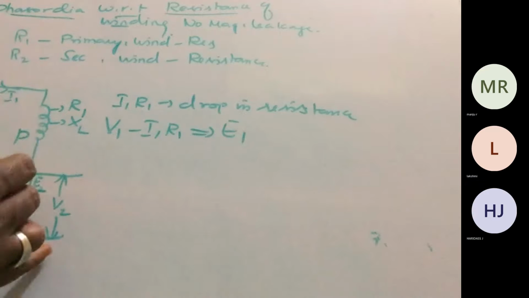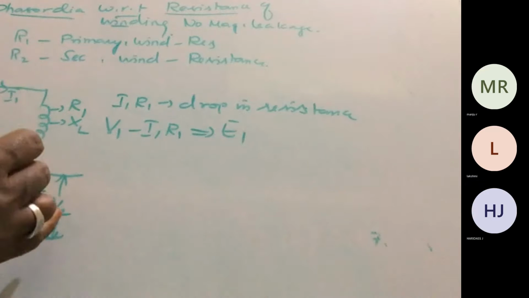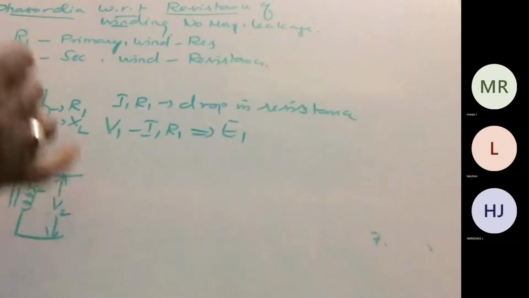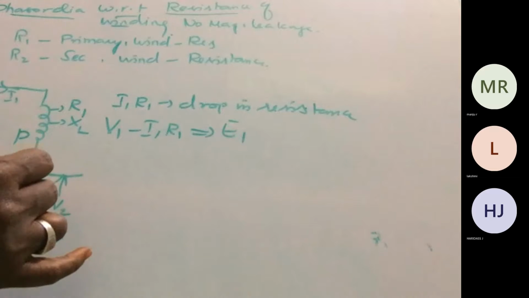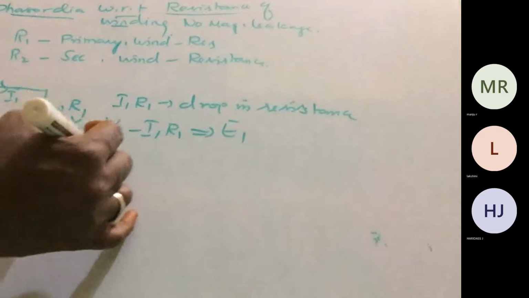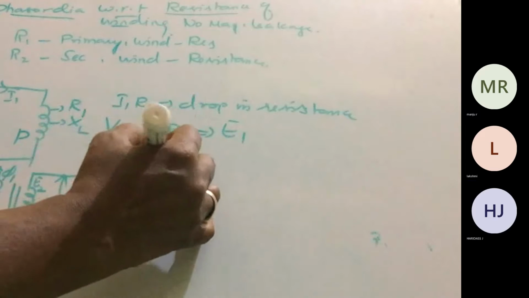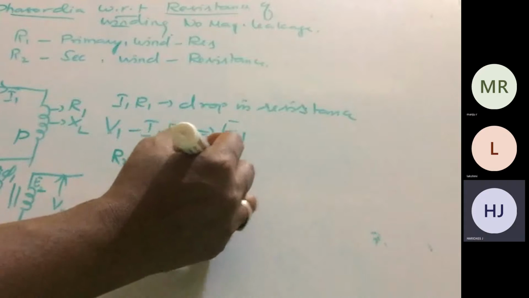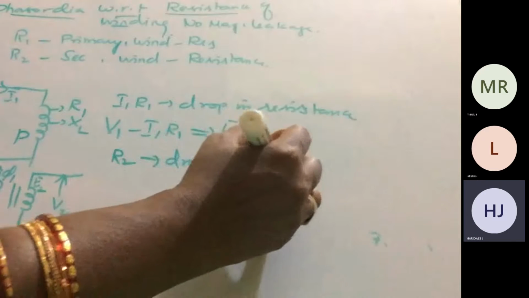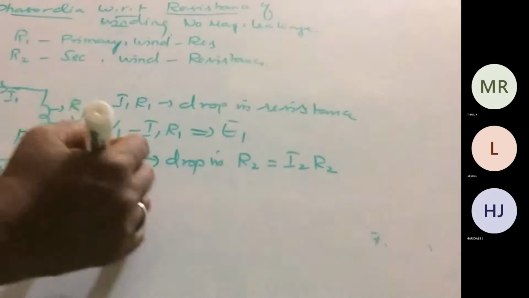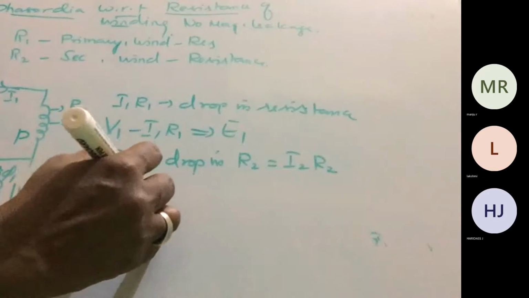If the secondary winding has resistance, then due to E2, I2 is produced and flows through the winding. Considering only the resistance, the drop occurs in R2. What is the drop in R2? It is I2 R2.